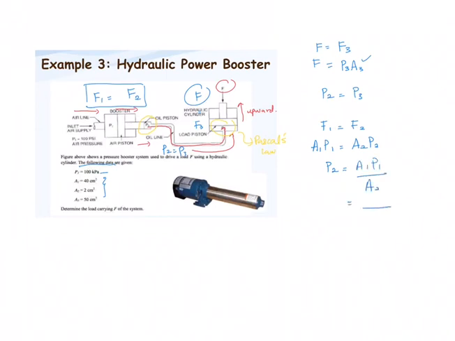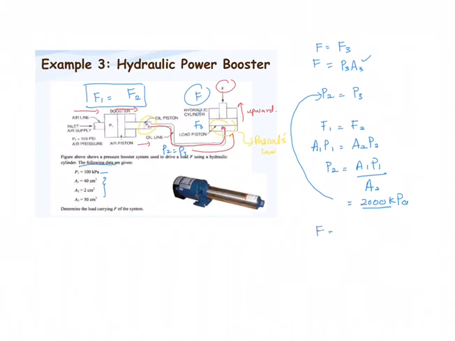Then in the end you will get the pascals. The answer you can get is 2000 kilopascal. So now we have the P2 here. Then we can use P2 as P3.